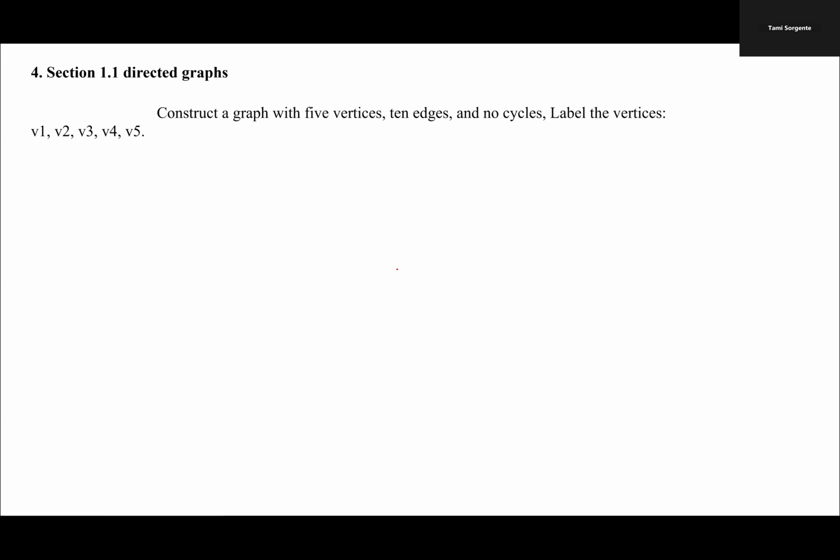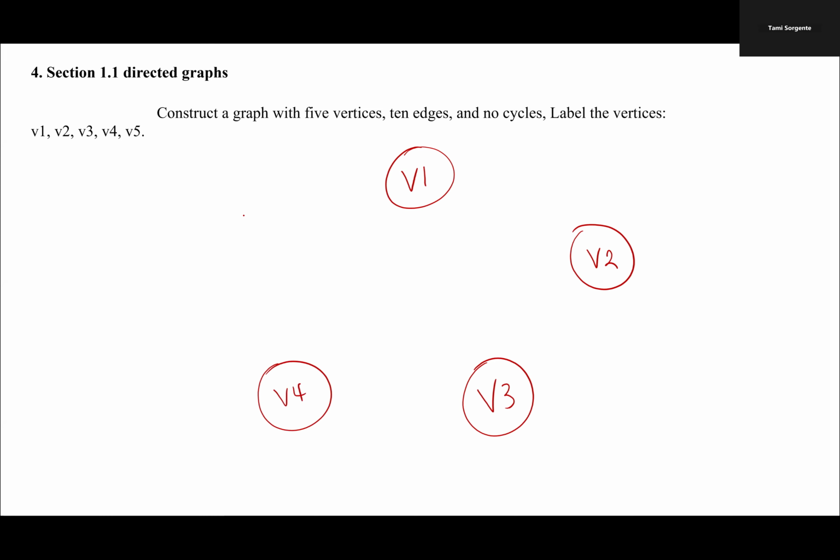All right, now we want to do a directed graph that has 5 vertices and 10 edges. There's not only one answer for this question. So I'm going to give you a sample answer. I'm going to draw my 5 vertices. I'm labeling them V1, V2, V3, V4, and V5.